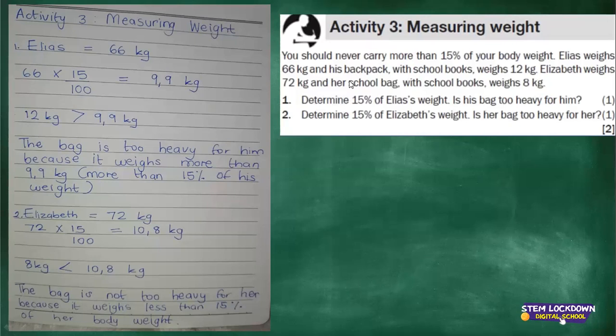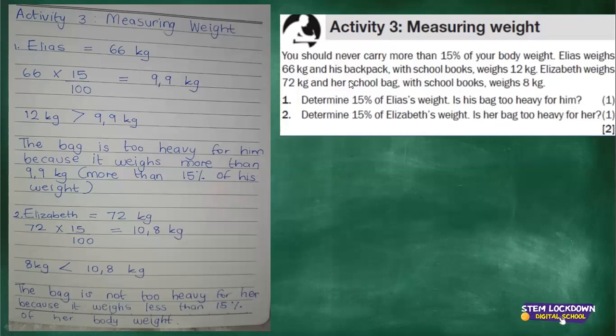Question 1, we need to determine 15% of Elias's weight, and then we need to answer, is his bag too heavy for him? How are we determining that? Firstly, the first statement tells us that we should never carry more than 50% of your body weight, and we are given the weight of Elias and the weight of his backpack.